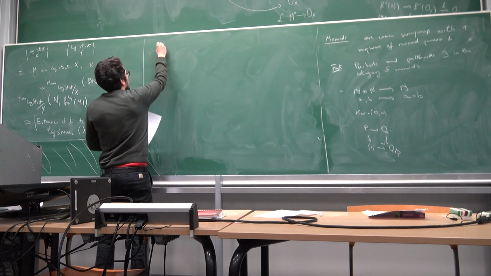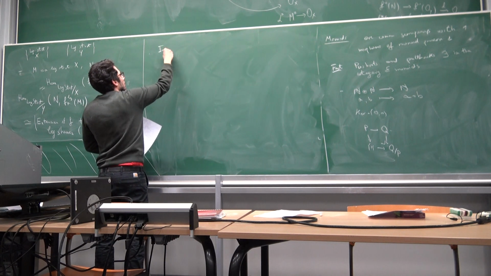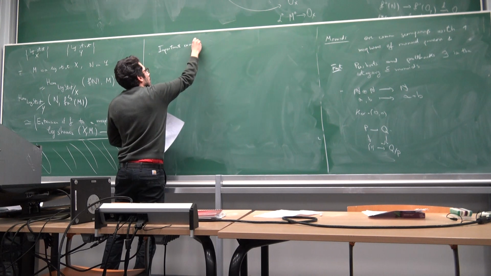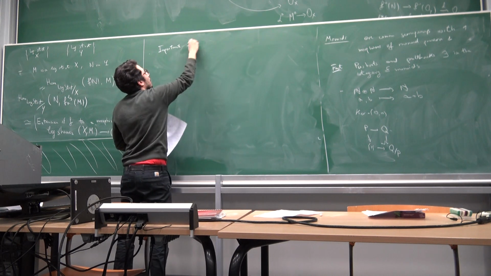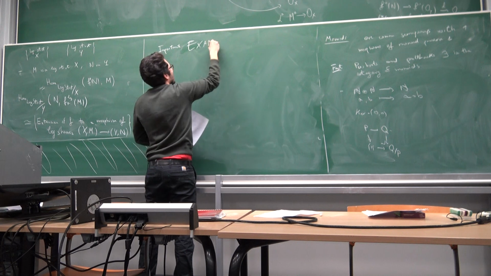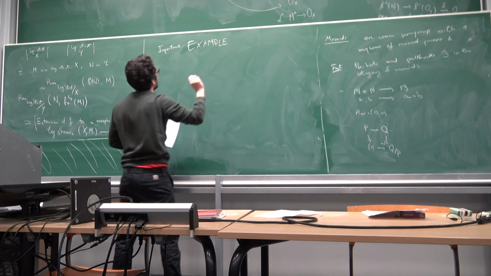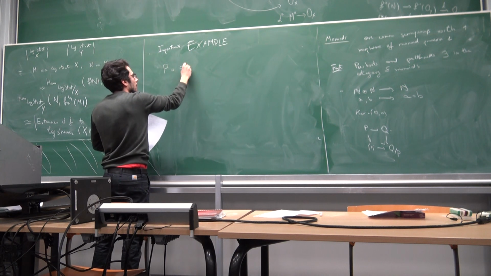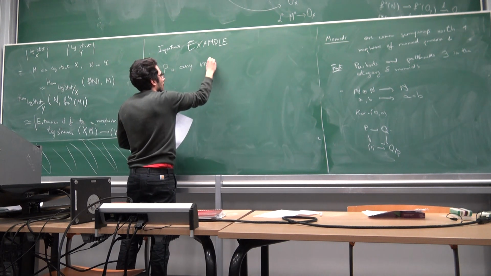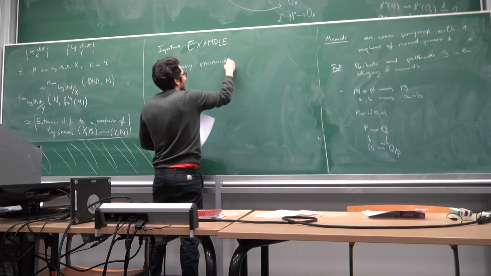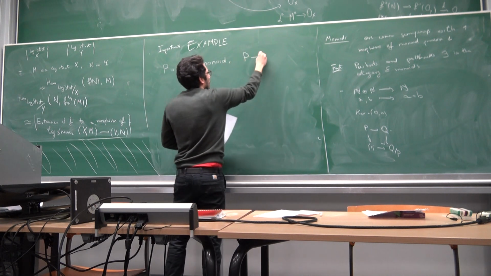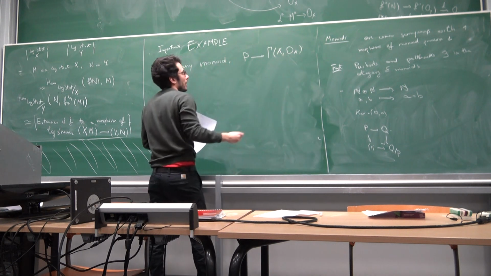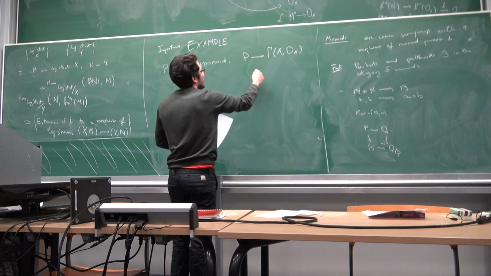So now an important example. P is any monoid. And assume we have a homomorphism of monoids, again always with multiplication, into the global sections of some scheme.